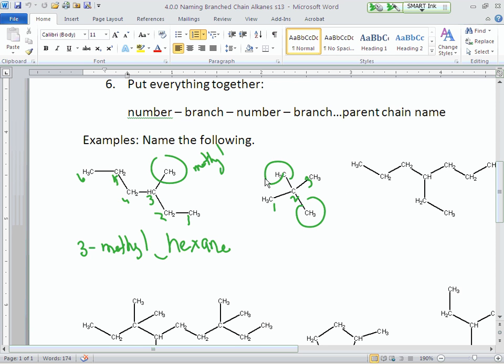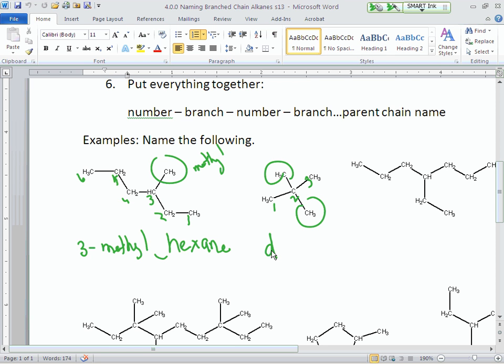And so in this case, there's no need for numbers because you can't put a methyl on an end carbon. As soon as you put a methyl on an end carbon, you've extended the chain really by 1. So having a methyl on an end carbon is not an option.